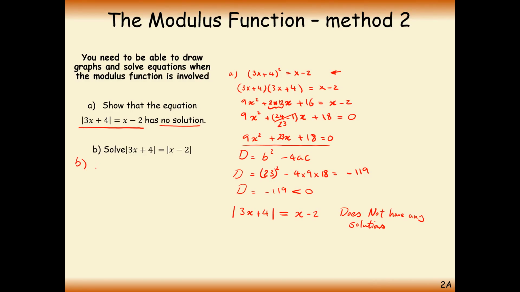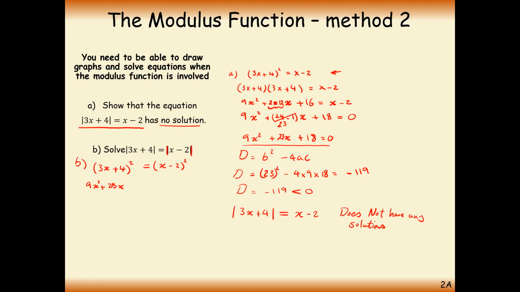So to answer part B, we can use the same trick that we used in part A. We can write this as a square, because now x minus 2 does have a modulus sign here. So expanding the bracket on the left will give us the same answer that we calculated in part A, so I'm not going to go through the same working out again.